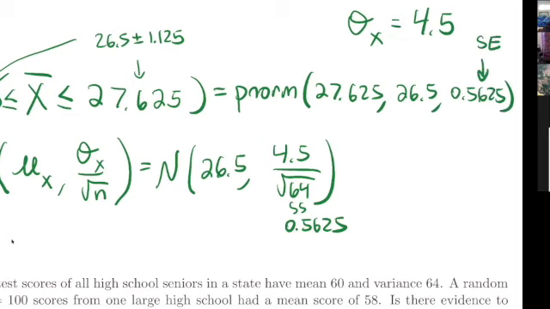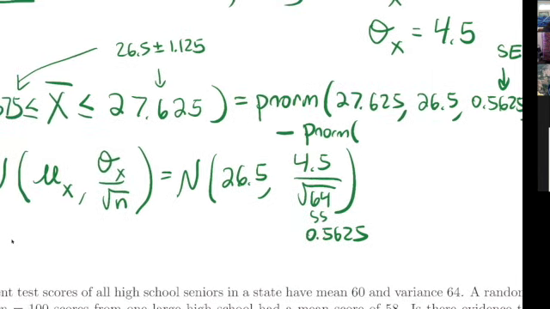And again, the big difference is we use the standard error of the sampling distribution, not the standard deviation of the population. And then from that, we would want to subtract pnorm of the other one.